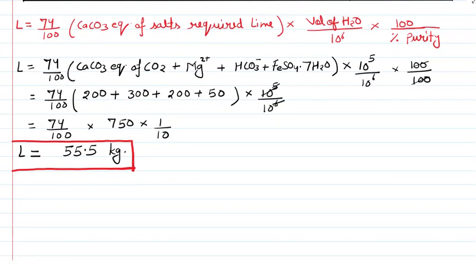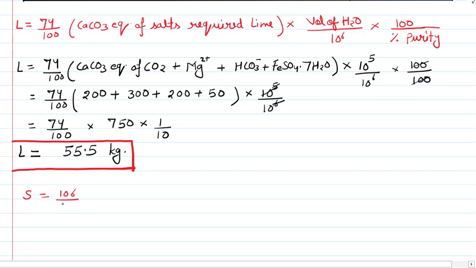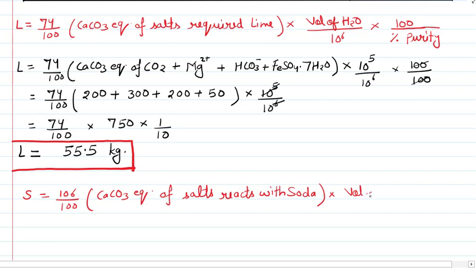Now we have to calculate the requirement of soda. So moving to the next formula, the requirement of soda is 106 upon 100, then calcium carbonate equivalent of salts which react with soda, multiplied by volume of water divided by 10 raised to the power 6 into 100 upon percent purity.